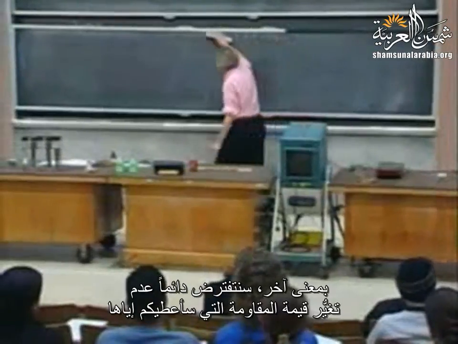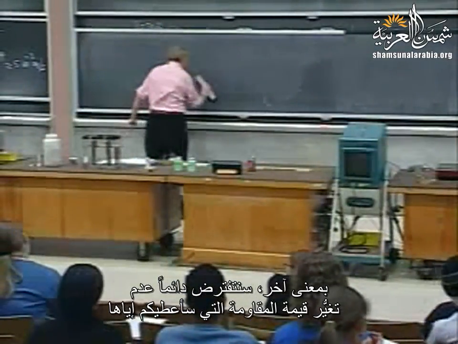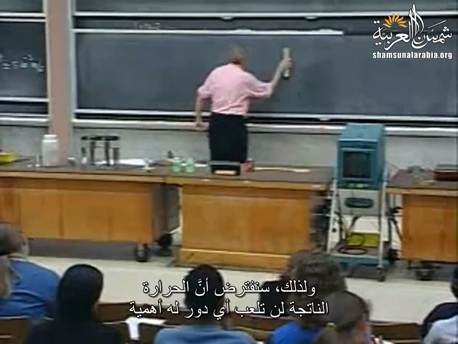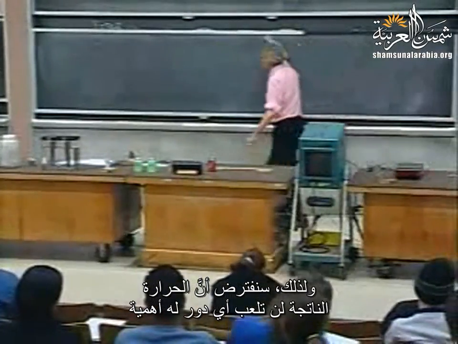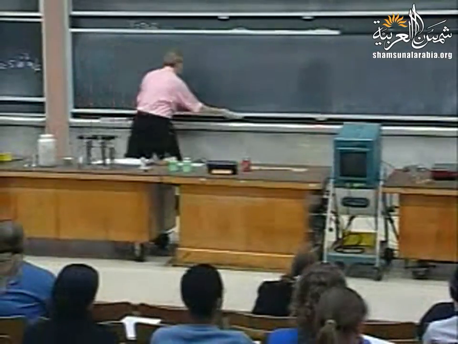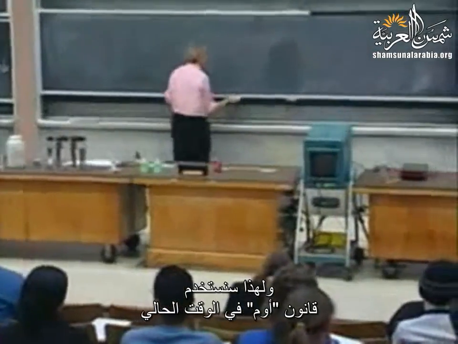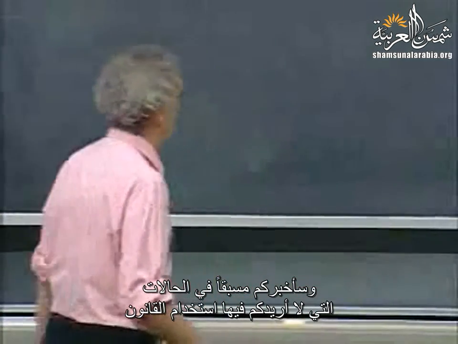In other words, we will always assume that the values for the resistances that we give you will not change. So we will assume that the heat that is produced will not play any important role. So we will just use Ohm's law for now, and if you can't use it, we will be very specific about that.